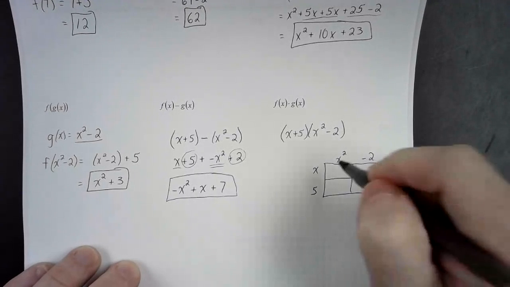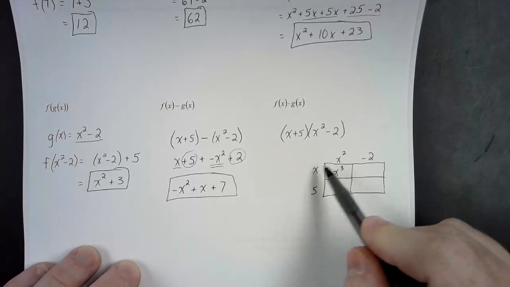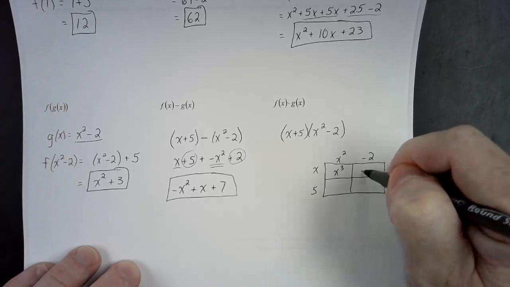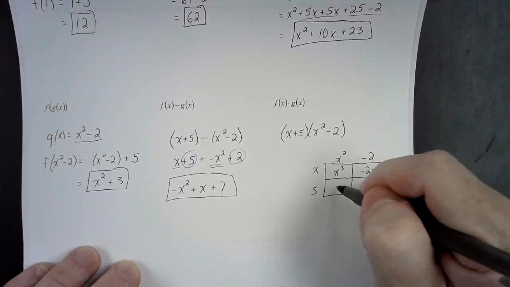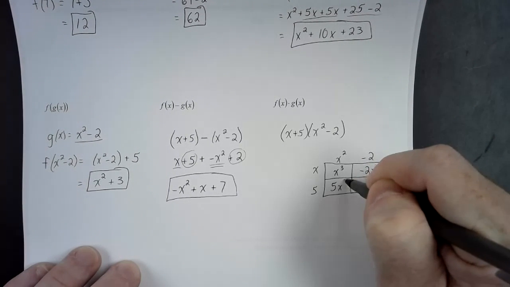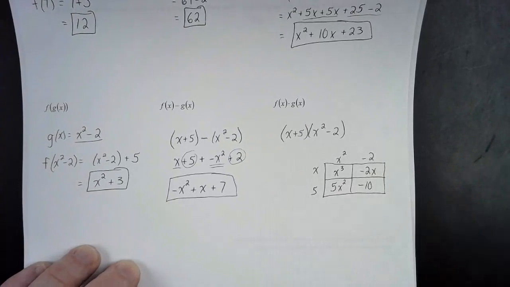X times x squared, add the exponents, so x to the third, x times negative 2, negative 2x. X squared times 5, 5x squared, and negative 2 times 5 is negative 10.